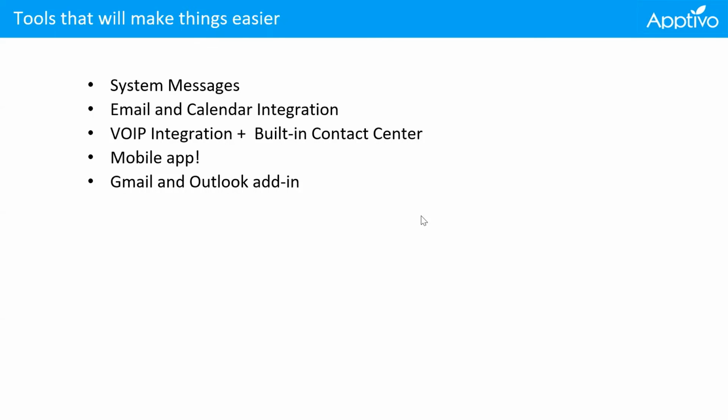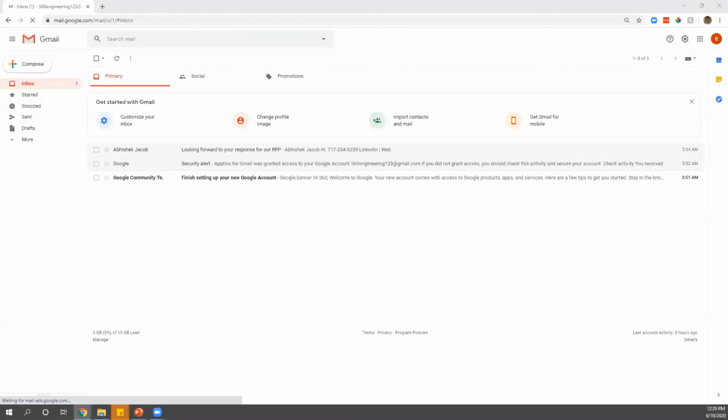And finally, the newest addition is this Gmail add-in. And this is actually also pretty neat. So give me 1 second here. I know we're running short on time, but I really want to make a point of this. So let me go to an email and take a look at how this is done. So I'm going to walk through this in Gmail, but the Outlook add-in is also available.